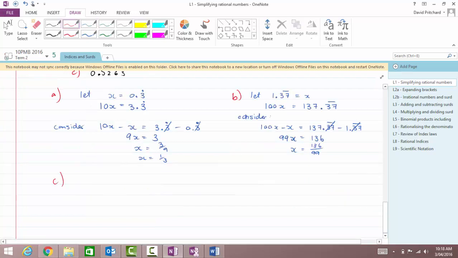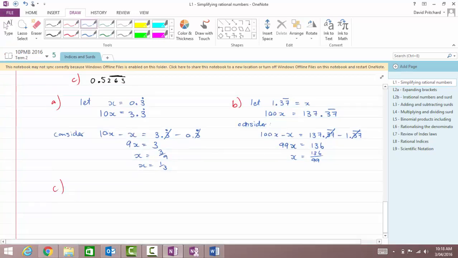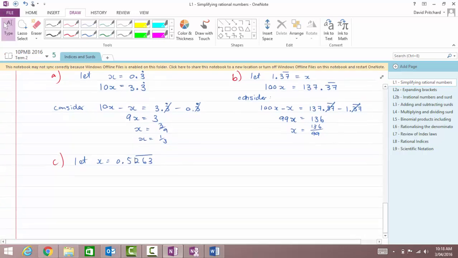So now we'll look at the last example, and this one's a bit of a tricky one. So we can let x equal 0.5263 recurring, and so all those 3 values are repeating. Now we'll have to consider a few different things, because it's not going to work unless we just have that 263 repeating.